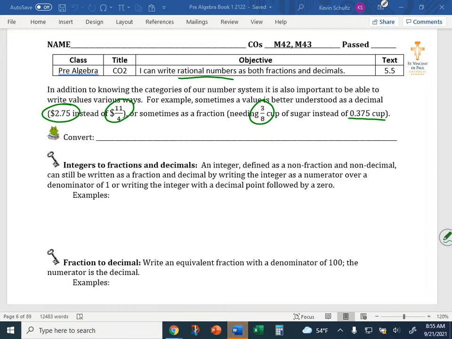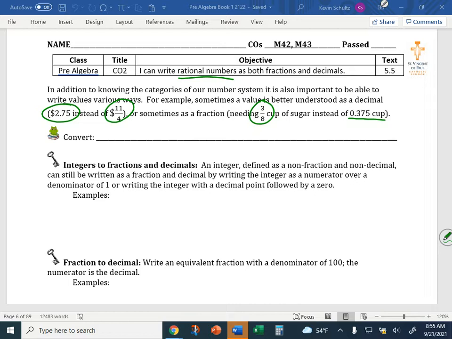So what does it mean to convert? It could mean going from an improper fraction to a mixed number, right? That's conversion also. It could be going from feet to inches or meters to centimeters. Those are all conversions. What does it mean?